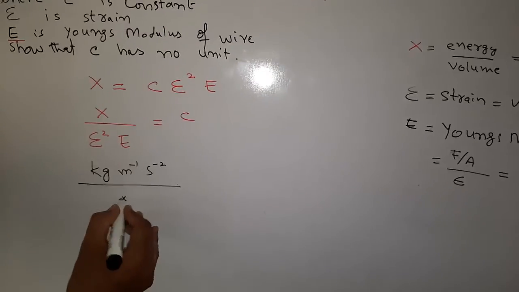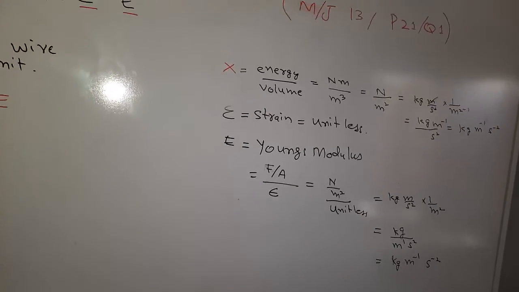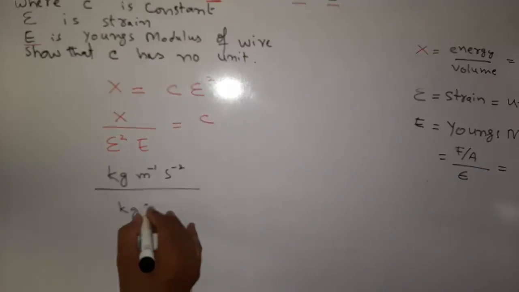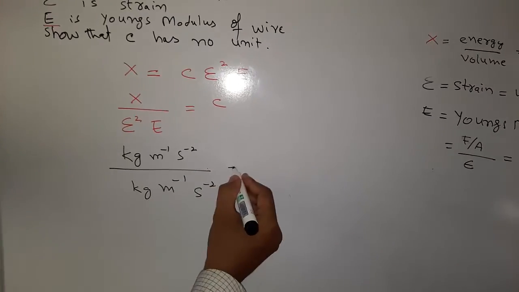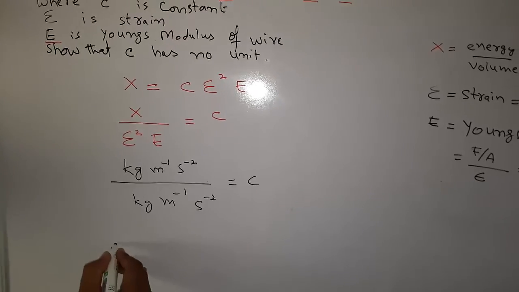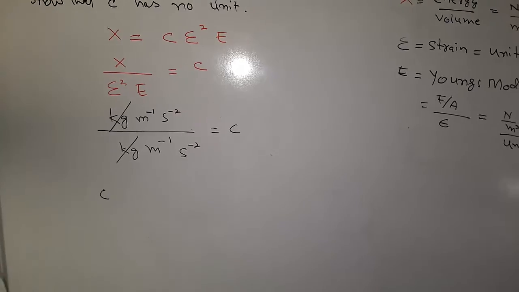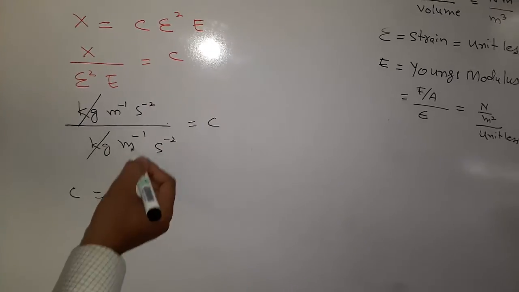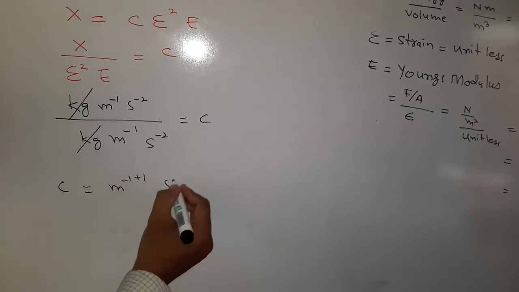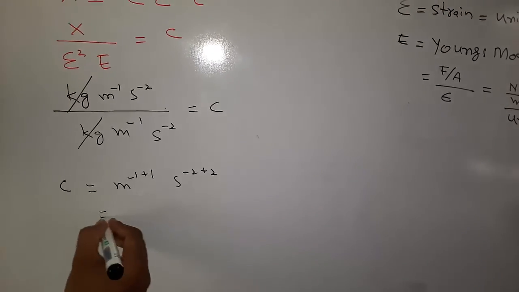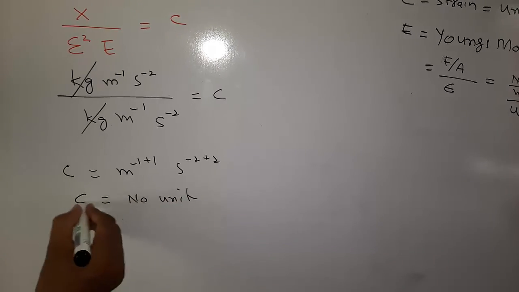So we write only E, Young's modulus, that is kilogram per meter per second squared. You can see this C comes out without any unit. Why? Because kilogram is cancelled with kilogram, meter is cancelled out, minus 1 and plus 1, and second minus 2 plus 2 comes out to be no unit. So this has been proved.